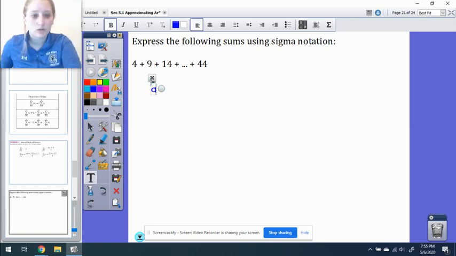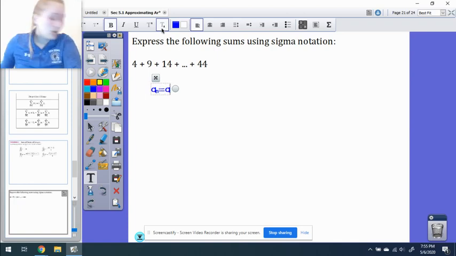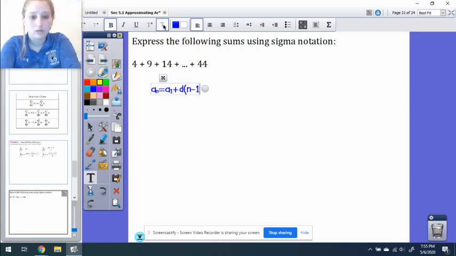So what the generic equation is: A sub n equals A sub 1 plus D times n minus 1.